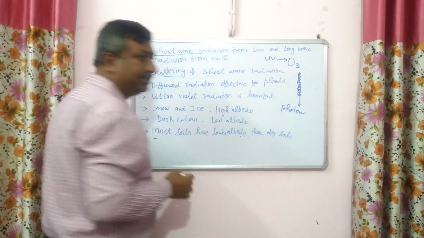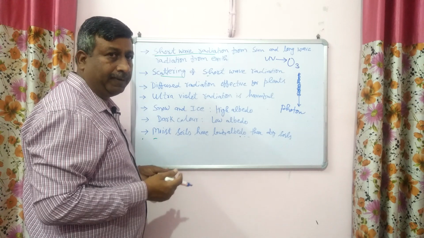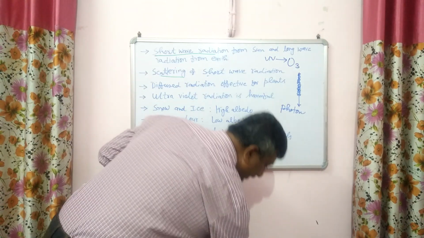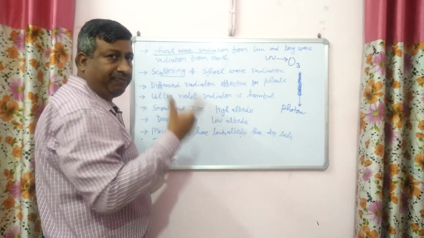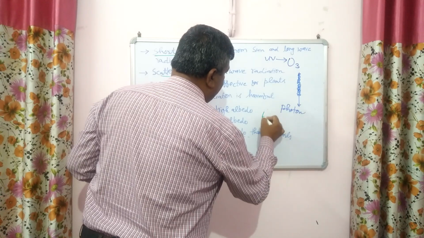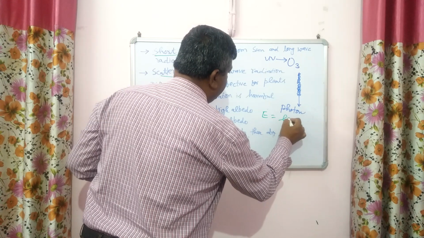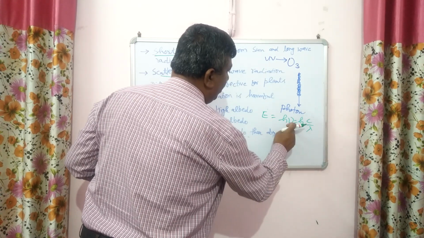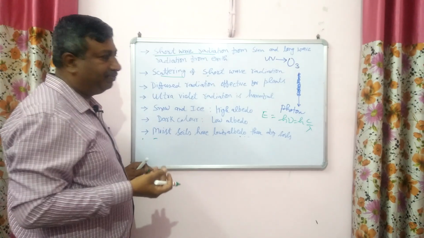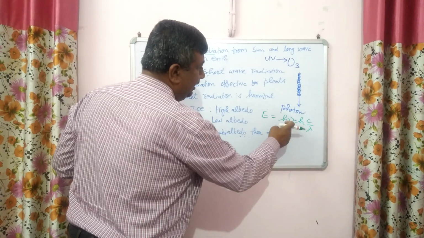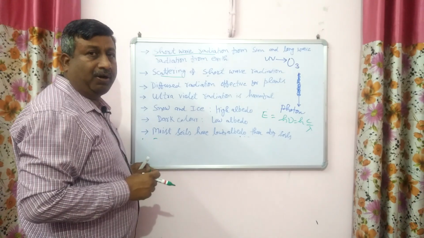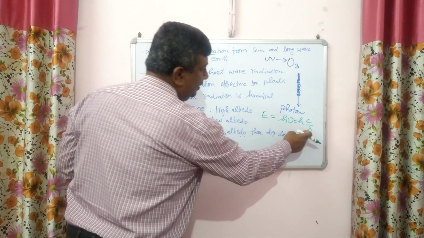So radiation is emitted in the form of photons, and these photons carry energy, and the energy of every photon is calculated as E = hν or hc/λ, where ν is the frequency of the light, c is the speed of light and λ is the wavelength.